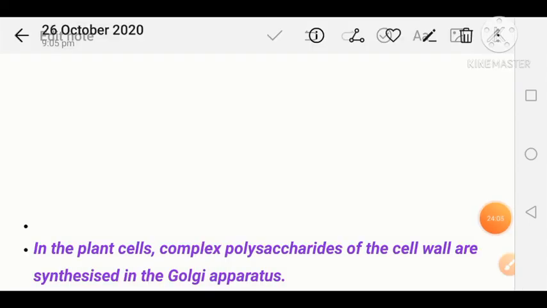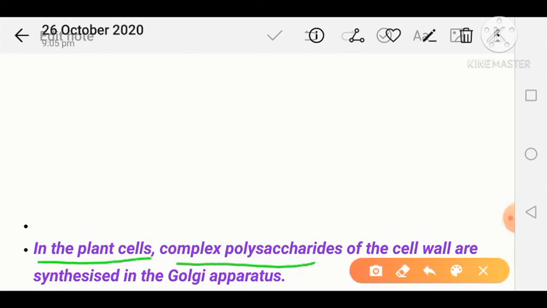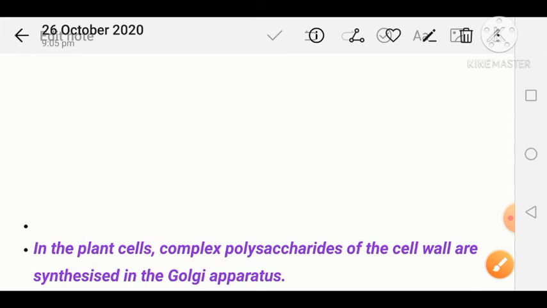And the last function of the Golgi complex: inside the plant, the complex polysaccharides present in the cell wall are also synthesized within the Golgi complex. So we have discussed the functions of the Golgi complex, and now we again go to the main figure, the first figure we have seen.